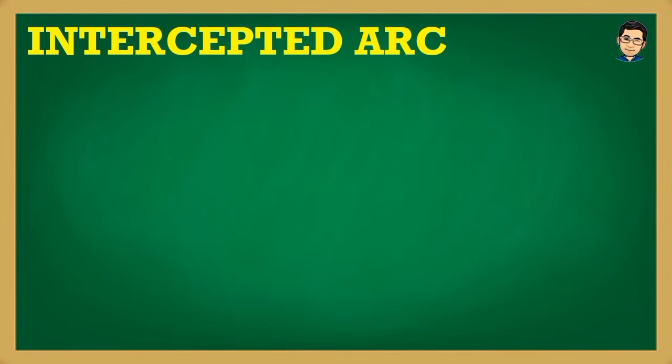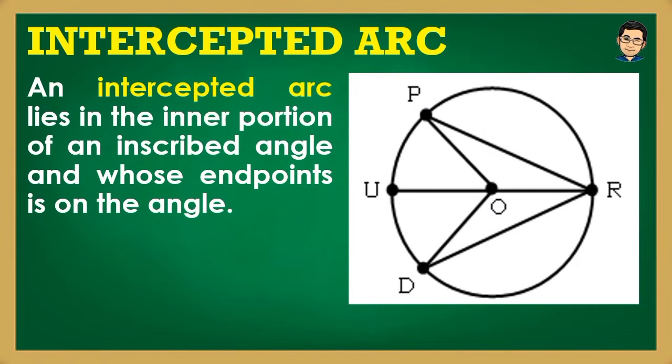Next, we also have intercepted arc. Okay, so an intercepted arc lies in the inner portion of an inscribed angle and whose endpoints are on the angle. Okay, so yung intercepted arc na yan, maaring intercepted minor arc o kaya naman intercepted major arc.